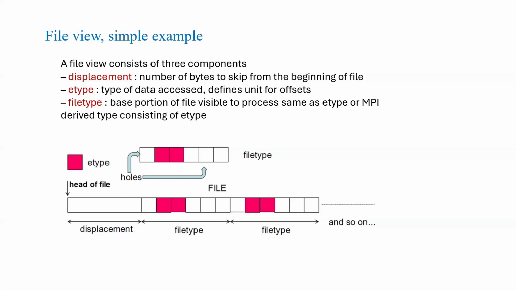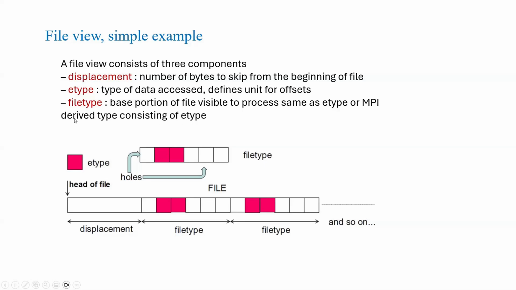Okay. So we'll use a few slides to try to explain the file view and hopefully make it logically easy to understand. The file view consists of three components, as demonstrated here. The first one is the displacement, which is the number of bytes to skip from the beginning of the file, the starting point. Then there is the E-type, which is the type of data accessed, and it defines the units for offset.